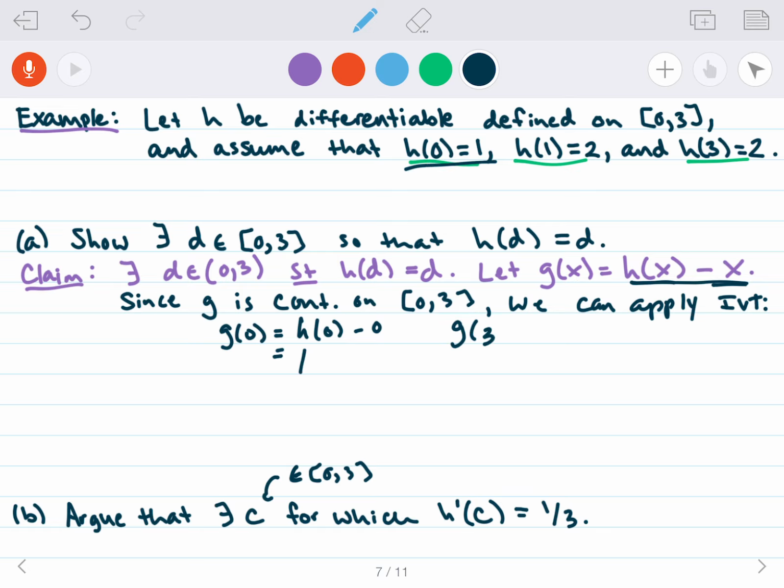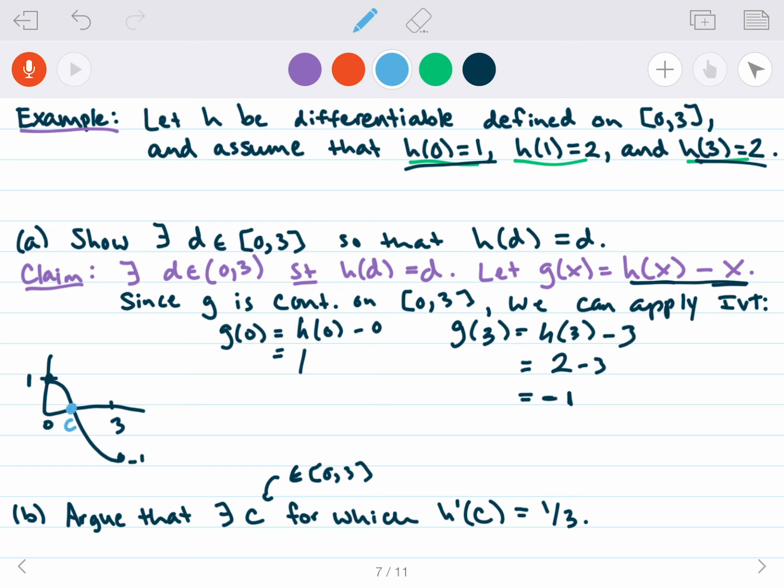Okay, and so the intermediate value theorem says, okay, if we have this continuous function between 0 and 3, let me draw it a little bit more accurately. So we have this continuous function, and we had that g of 0 was 1, and that g of 3 was negative 1. Okay, so the intermediate value property says that there has to be some c in between 0 and 3 for which g of c is equal to 0.